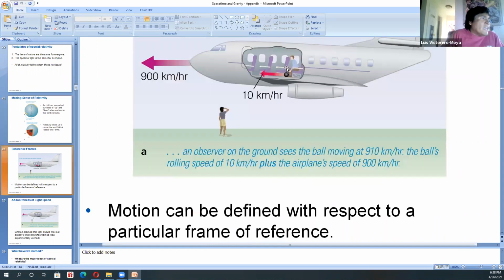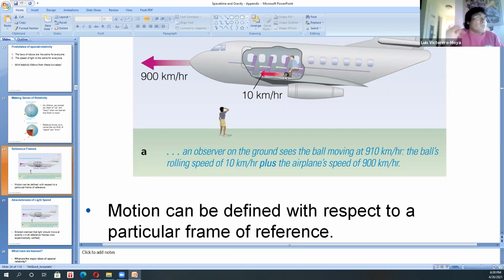Oh, that's the explanation I was telling you, right? If you're outside, you can see a person moving in an airplane, right? And you can see this ball not move. Okay, for this person, this ball is moving at 10 kilometers per hour. For this person here, it is moving at 910 kilometers per hour. For this person, if you are in an airplane, you don't seem to move unless there's turbulence, right?